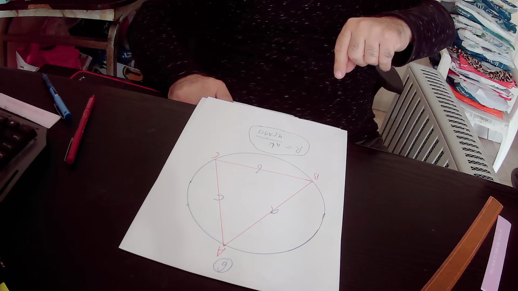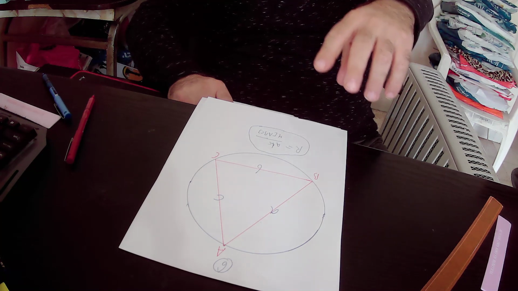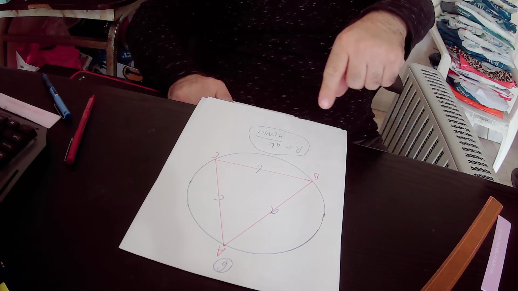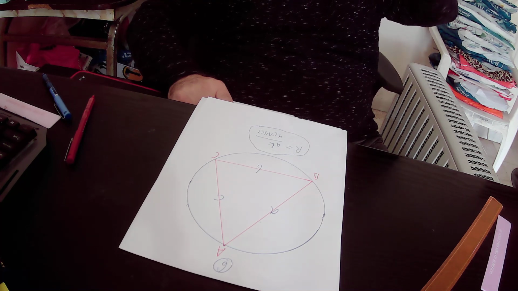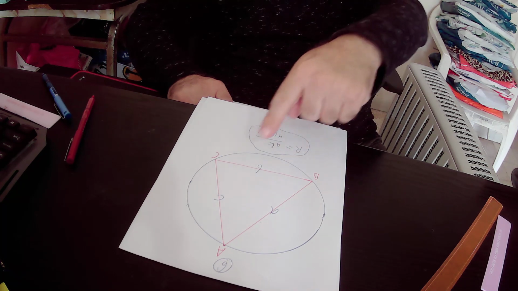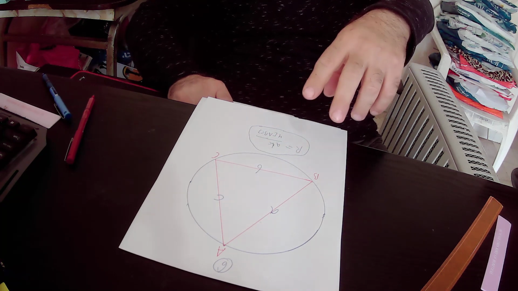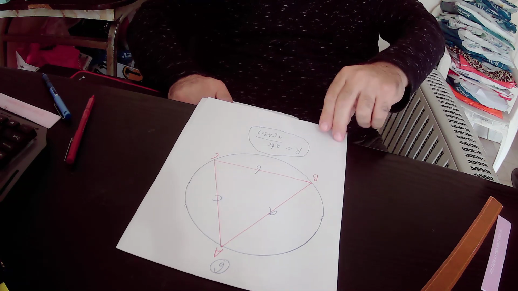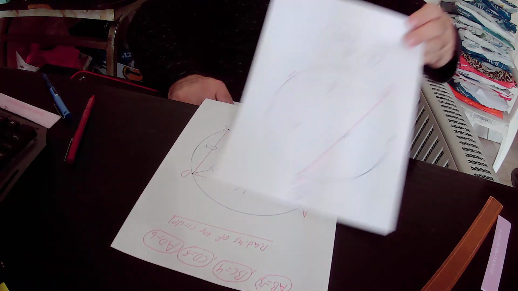Okay? So whenever you have a triangle inscribed in a circle, the radius of the circle will be equal to A times B times C over 4 times the area of that triangle. This is rule number 3.